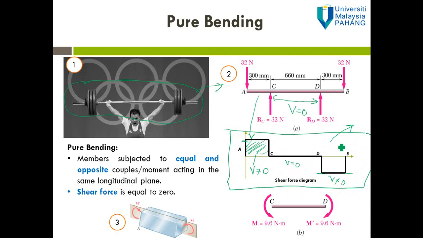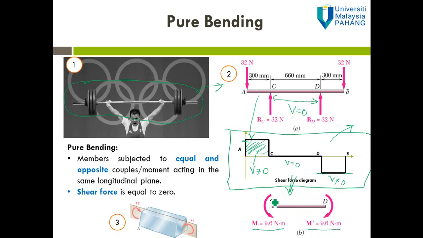What I try to show you here is that for this case of barbell, the shear force in portion CD is equal to 0, and CD is only subjected to couple moments M and also M prime. So for this case, we can say that CD is under pure bending.